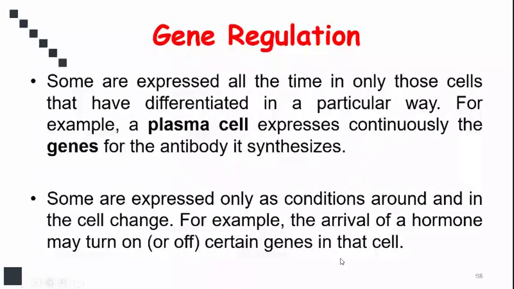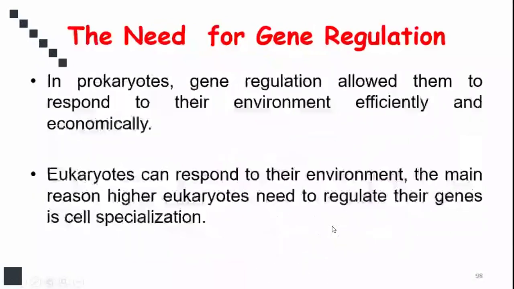For example, the arrival of a hormone may turn certain genes on or off in that particular cell. Recall that hormones are produced and make their action on distant targets. So when the hormones arrive, they stimulate the cell, and the cell will respond appropriately, on the basis of the physiological situation.